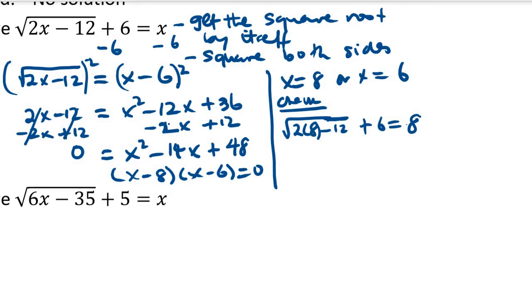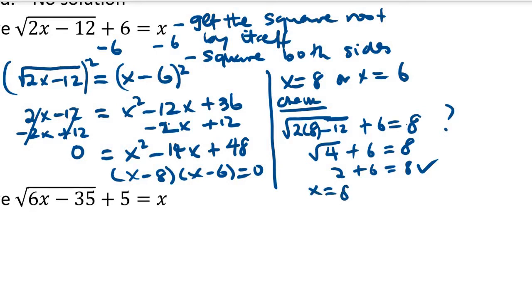And then I can do 2 times 8 is 16. 16 minus 12 is 4. Square root of 4 plus 6, is that 8? And then I do square root of 4 is 2. 2 plus 6 is 8. That is correct. So we are going to say that x equals 8 is valid.